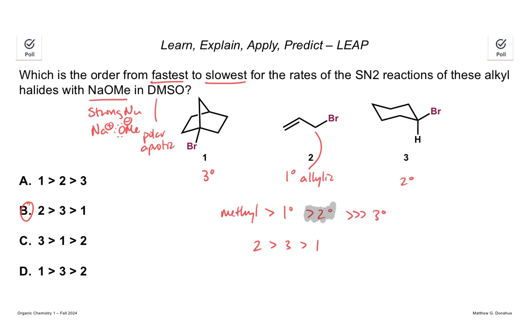So when you get into a comparison of like primary allylic versus secondary allylic or something like that, generally primary reacts first, but allylic's going to trump everything for the most part. And again, the secondary is the one that's probably going to give you the most issue in determining does it do SN2 or SN1.